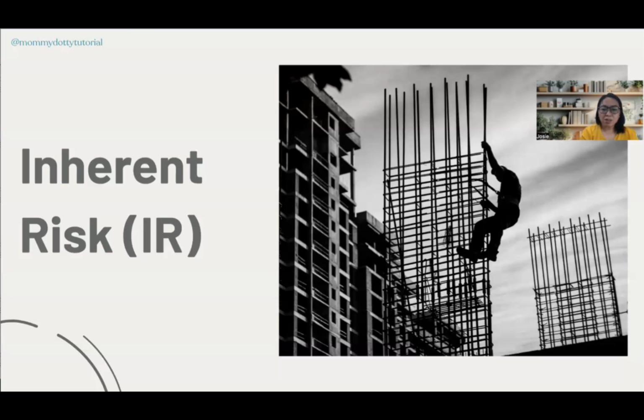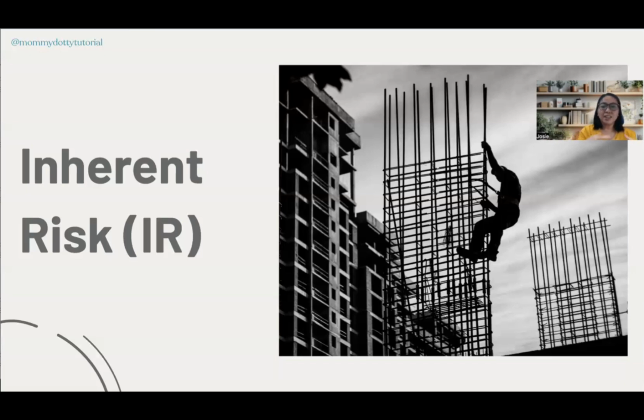Okay. So what is really the definition of inherent risk? Inherent risk refers to the susceptibility of an assertion to a misstatement, assuming no related controls are in place. It is influenced by the nature of the business and the environment in which it operates. It's already there. That's why it's inherent.